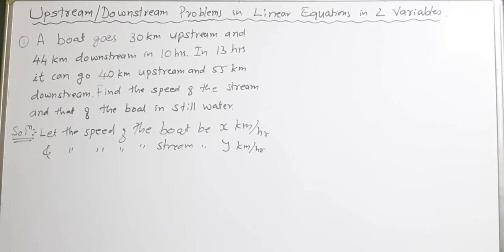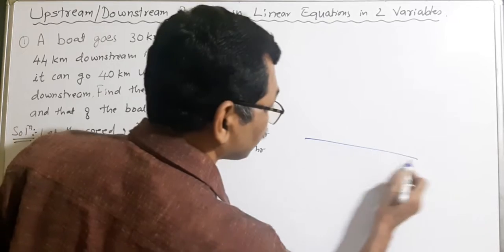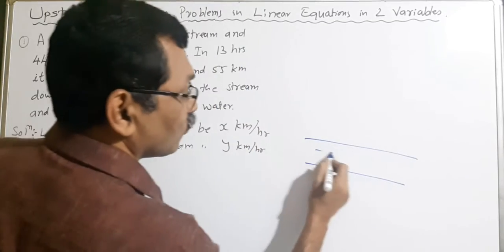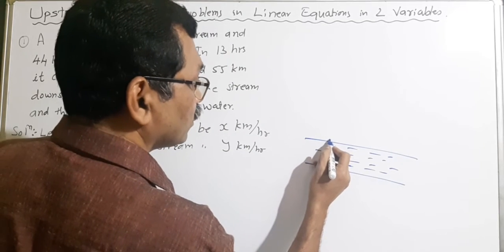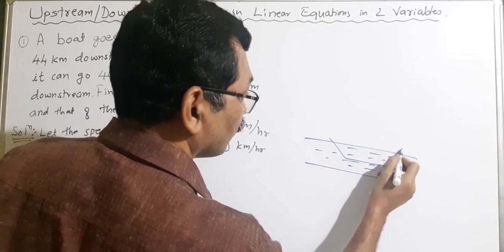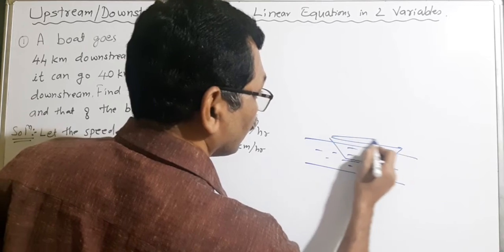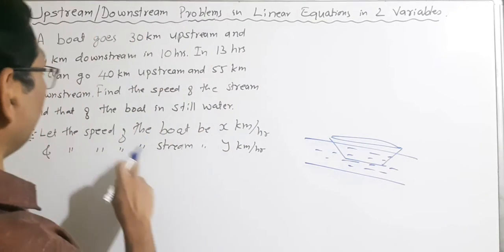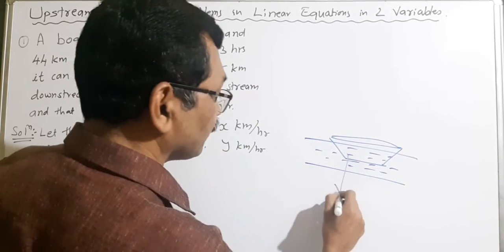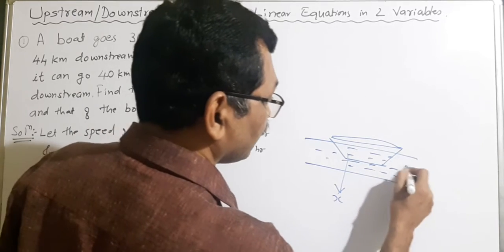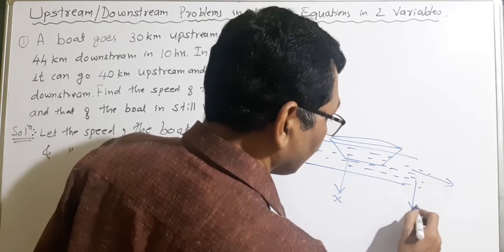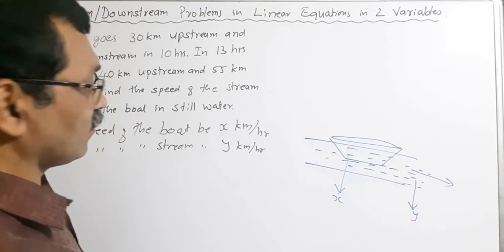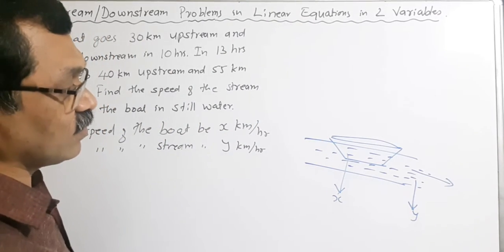Okay, so here we have the problem with upstream and downstream. Suppose we have a river, and the river flows in this direction, and suppose we have a boat. We have taken the speed of the boat as x, and the stream flows this way at the speed of y kilometer per hour.